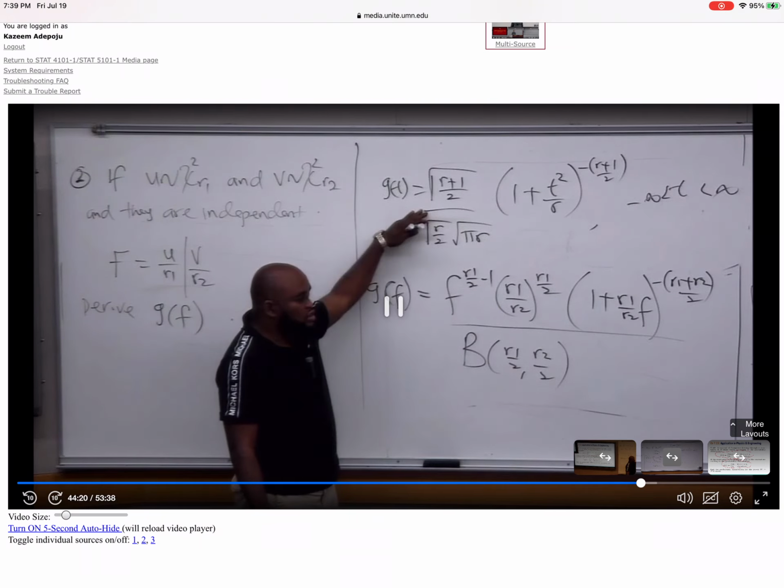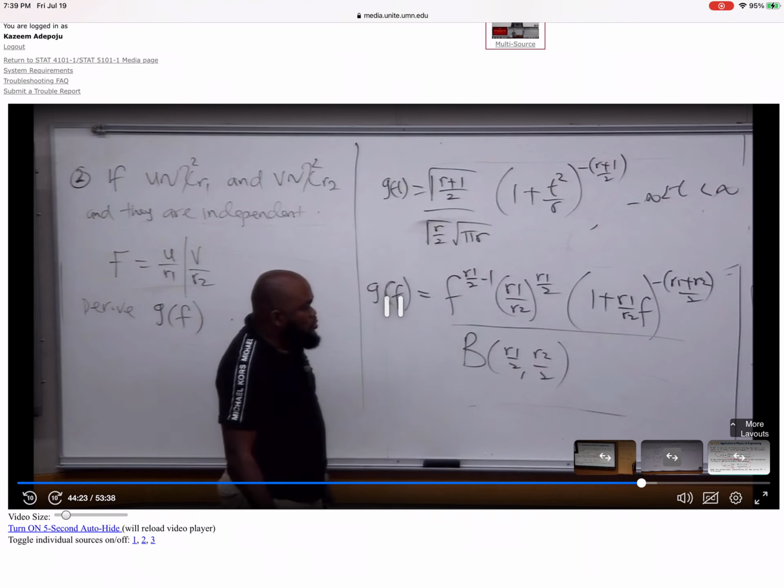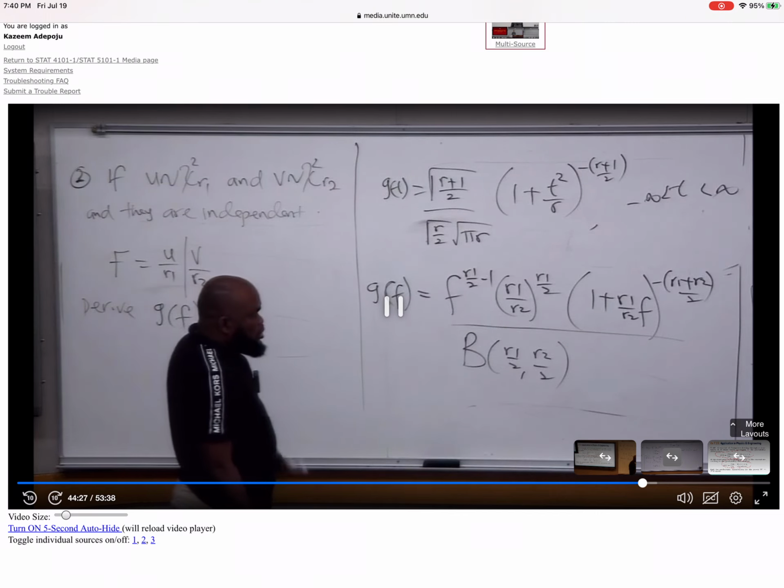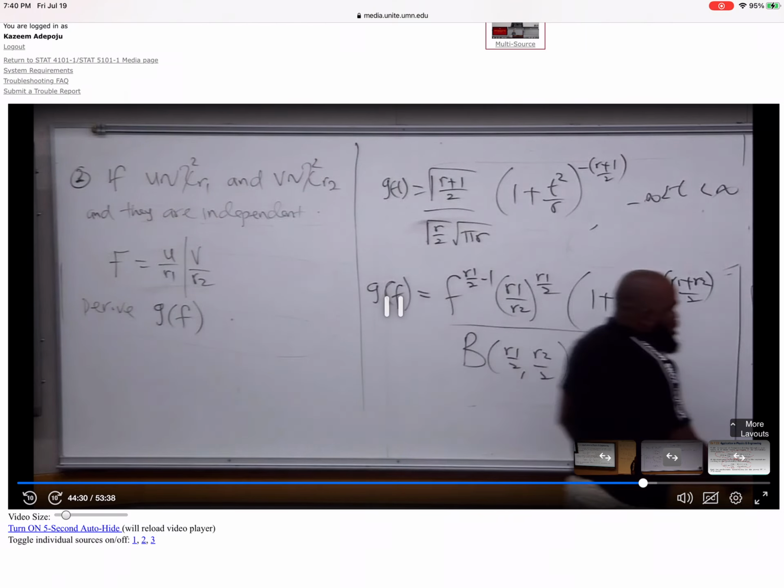This is the F distribution. This is the T distribution. Now, I'll show you how I'm going to give you a clue to deriving this.